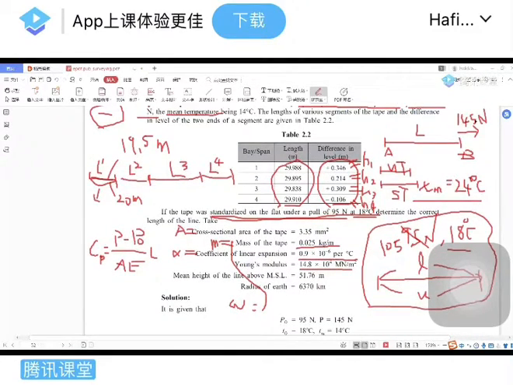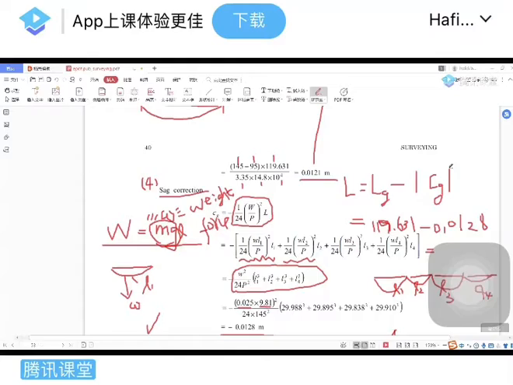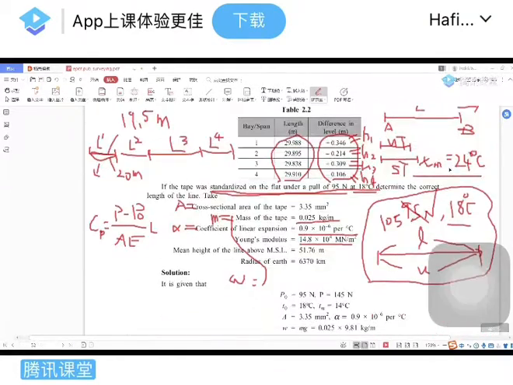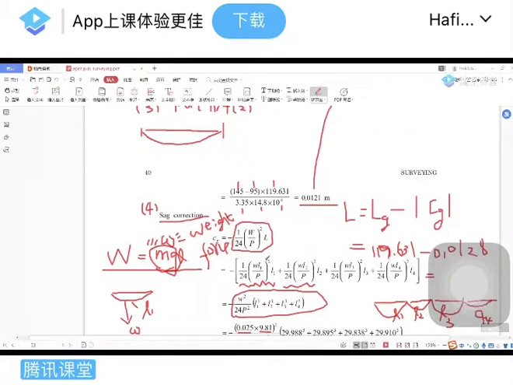So the pull force here is 145, right? This is your pull force. In this case, I didn't change the pull force, so the solution is the same. Wait, L1, L2, L1, L2.